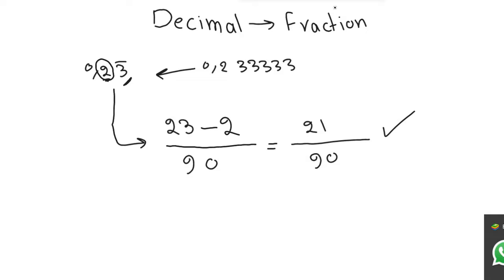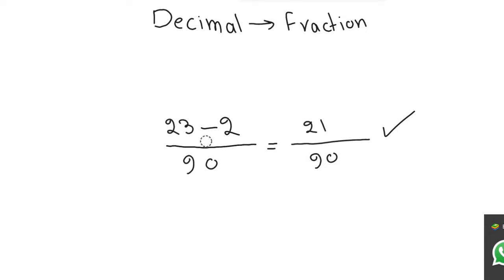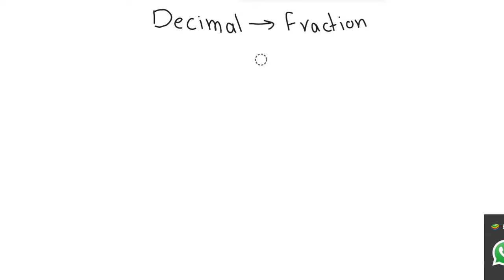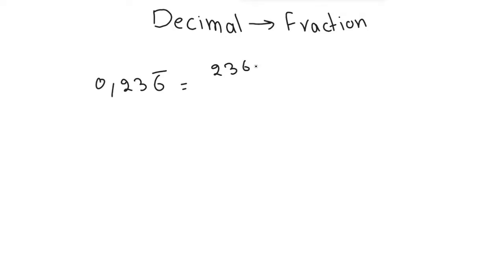Another example, let's solve another one. For example, you have 0.236 where 36 is repeated. It's equal to 236 minus 23.